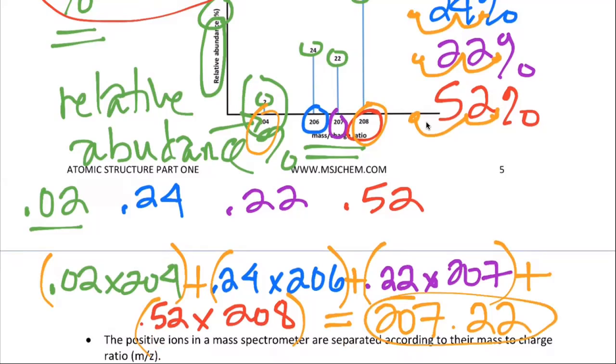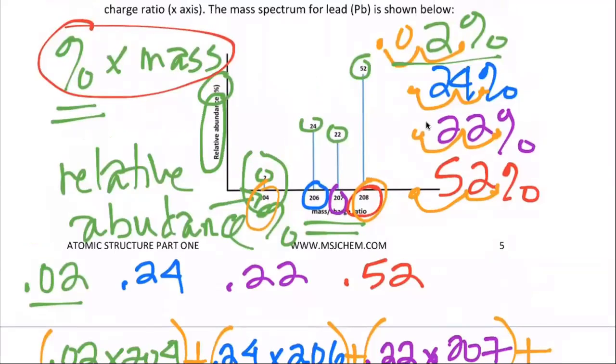The other thing you want to keep in mind is that each of these percentages affects the overall average differently. The one that has the highest percentage, which happens to be the 208, has 52%. So that one is going to have a much greater impact on what the average is. That means the average is probably going to be closer to 207, 208 than it is to 204, because 204 is only 2%. That barely affects it, if that makes sense.